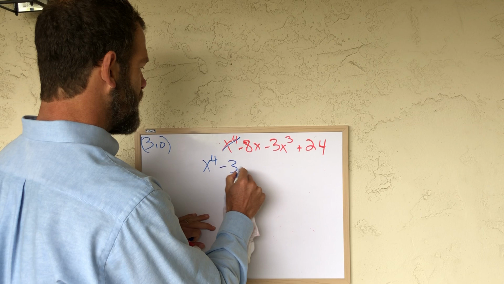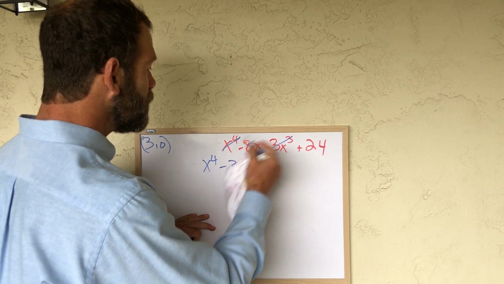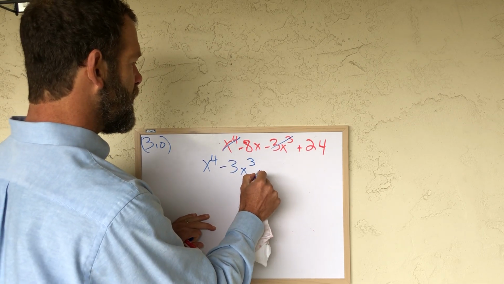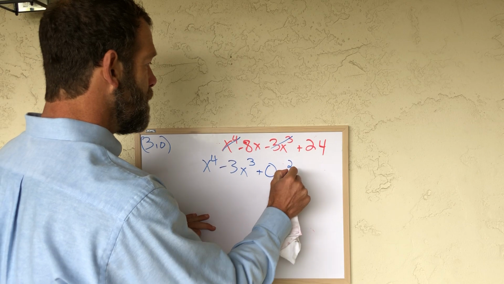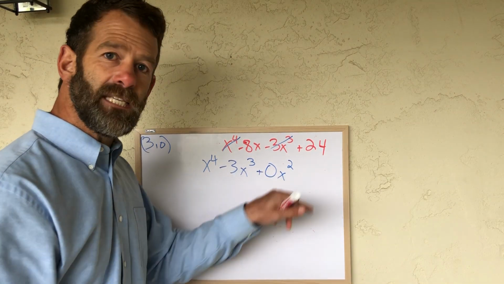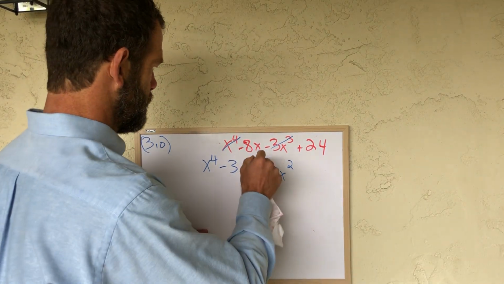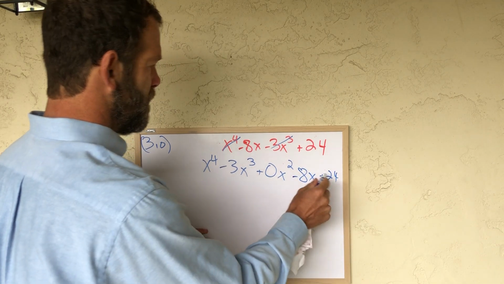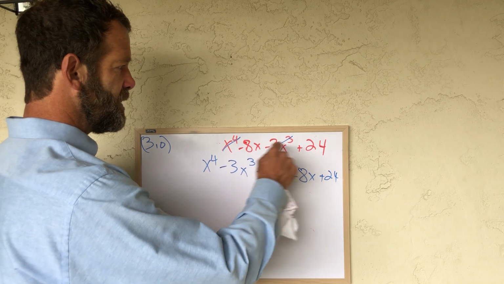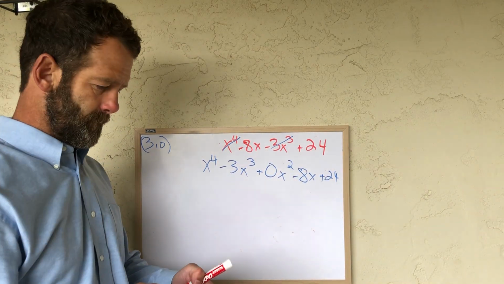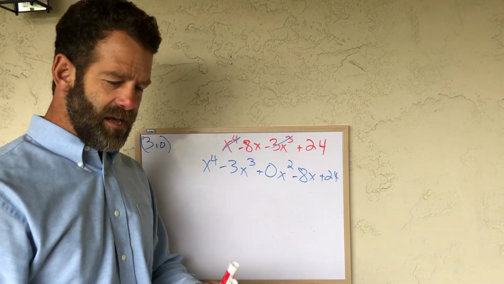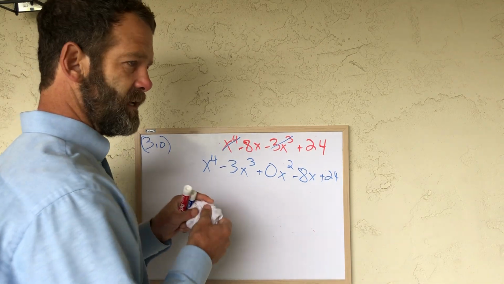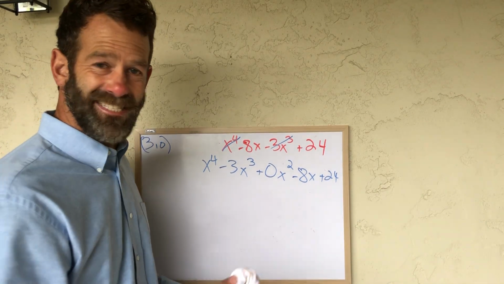Negative 3x to the 3rd has to come here. It has to go in decreasing order. Notice I don't have an x squared, but I still have to literally state that I don't have an x squared. Minus 8x plus 24. This in blue is the same thing as this in red. Hopefully I haven't lost anybody yet.